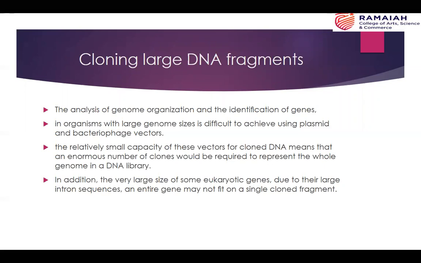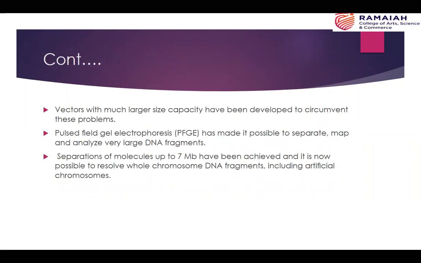So that is another reason when you have to clone eukaryotic genes whose size is comparatively larger, the smaller capacity of plasmid or bacteriophage vectors may not be sufficient. These are all the issues why people started looking for vectors that can accommodate larger DNA fragments.